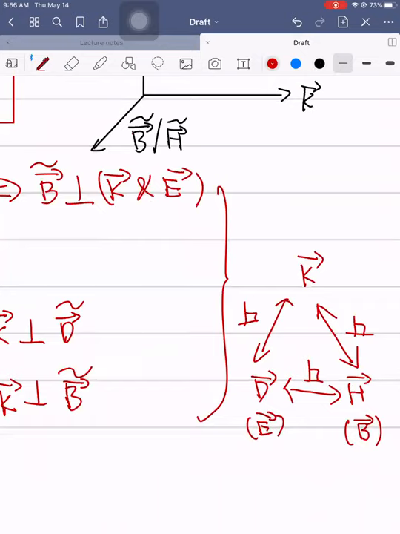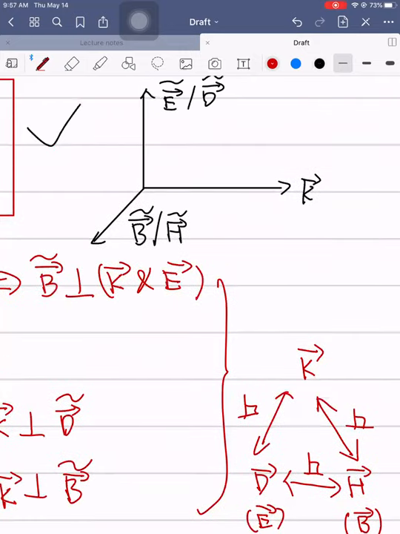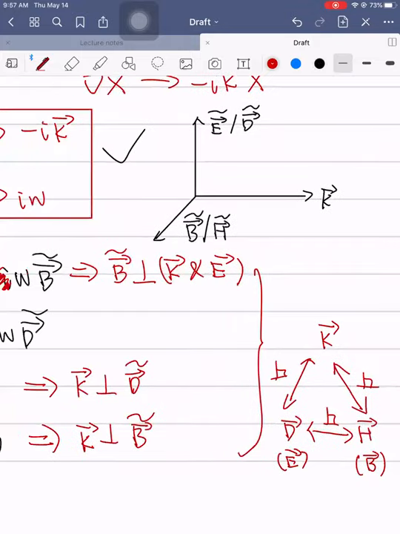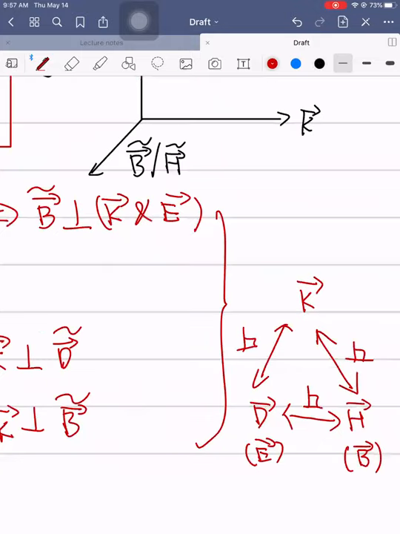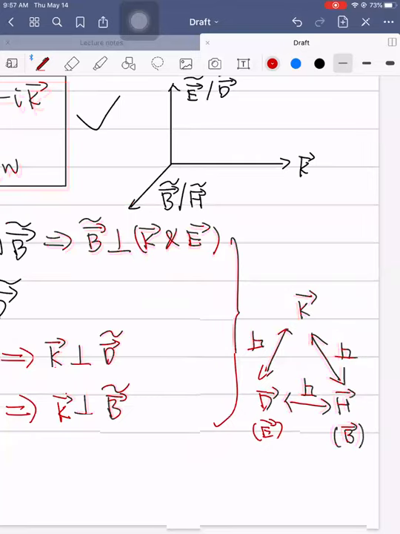K actually is our propagation direction of the wave, D is the electric field direction, and H represents the magnetic field direction. So from this, we can get the full description of the propagation direction of the electric field, magnetic field, and this wave field.